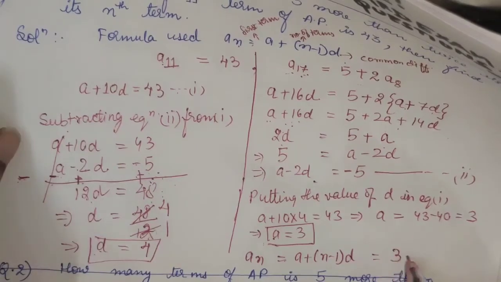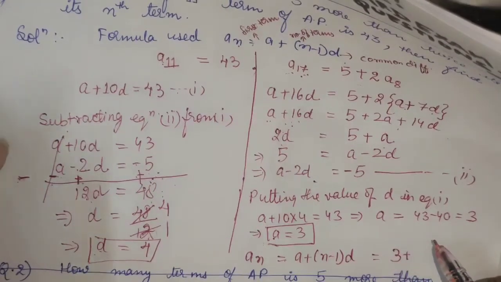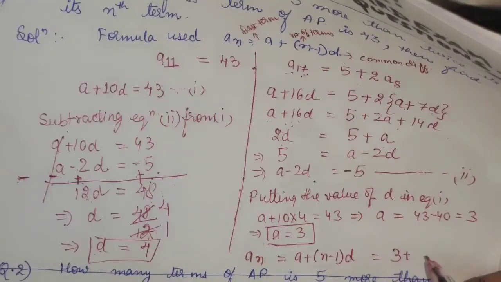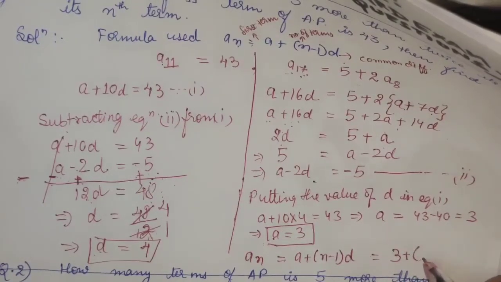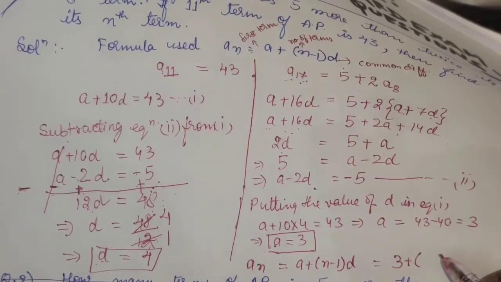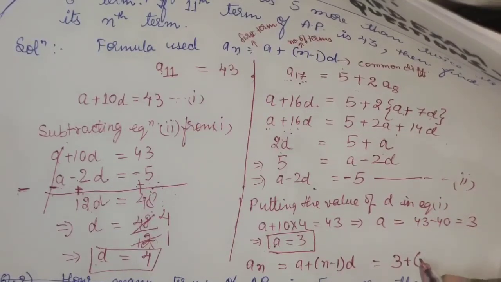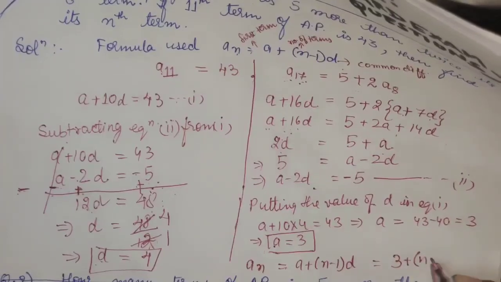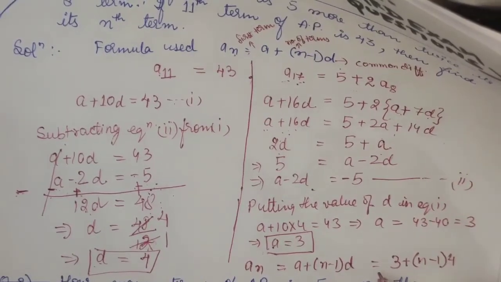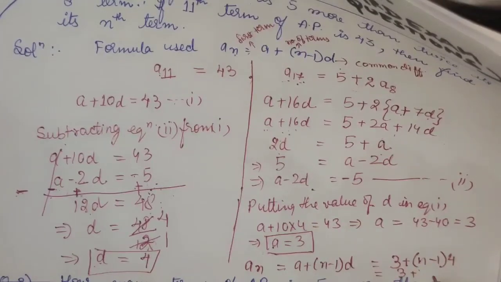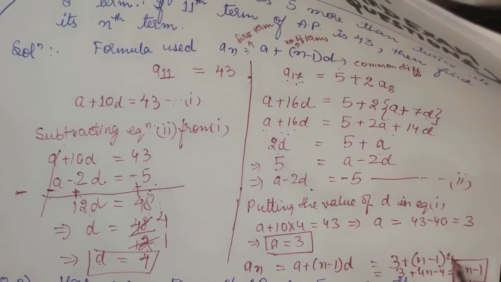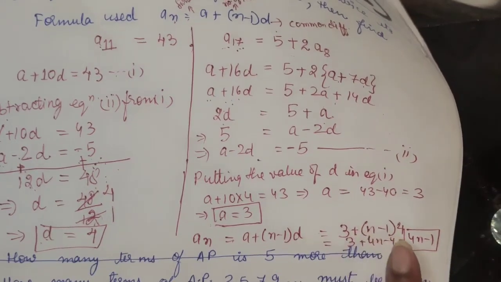a is 3 plus... So the answer is 4n minus 1.